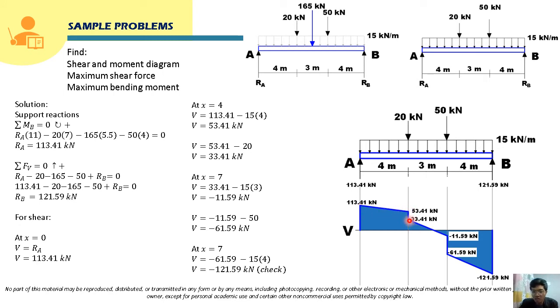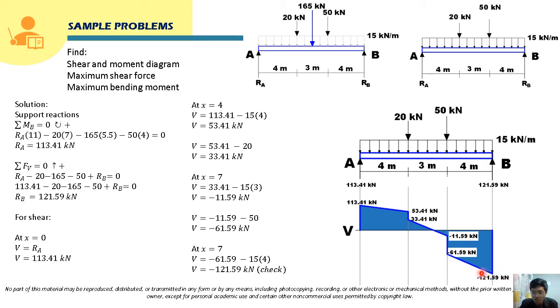And then for this point and this point, again, the loading here is a rectangle. So we will also connect this by a straight line. It will form a triangle. So this will go down here. And then here also, the loading here is a rectangle. So the shear will just be a triangle, a straight line here.